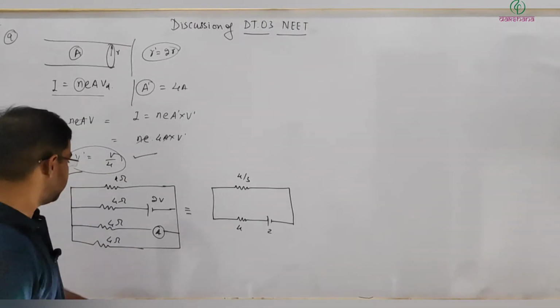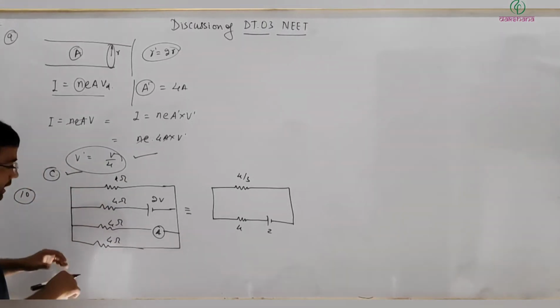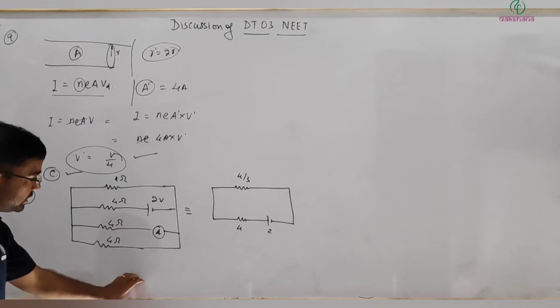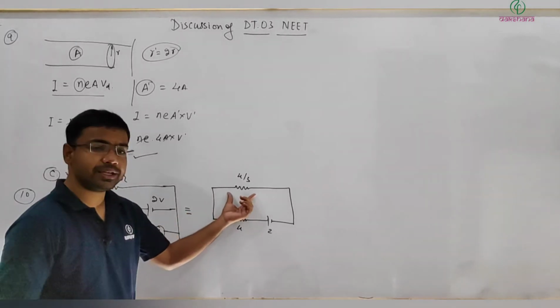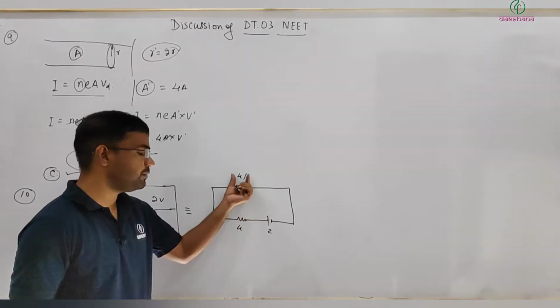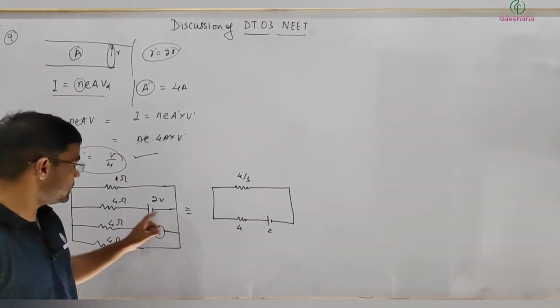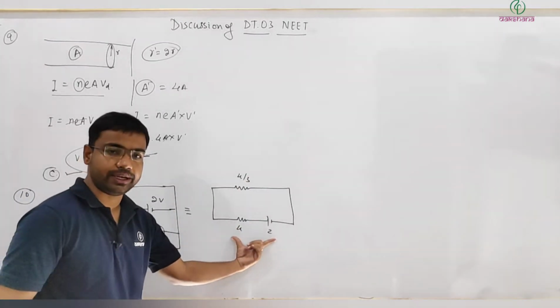I hope you are understanding this, because I am taking it outside. These 3 resistors are in parallel, so R equivalent will be 4 by 3 ohm.